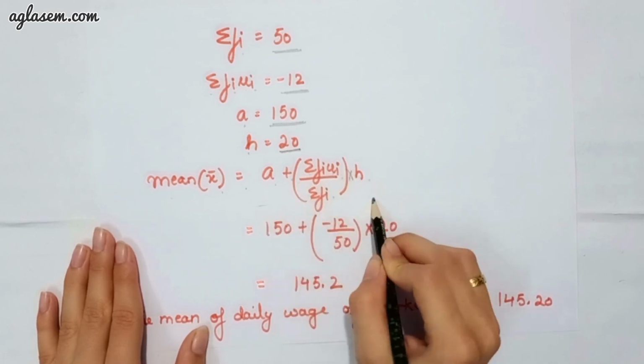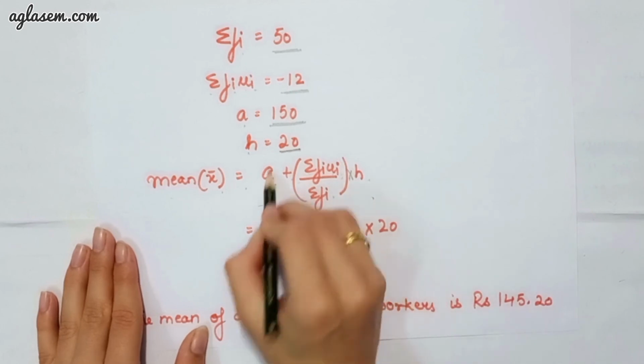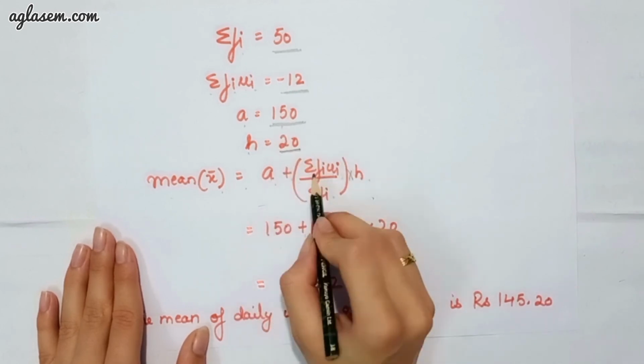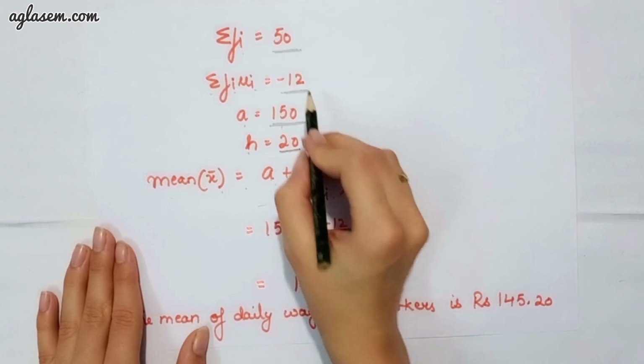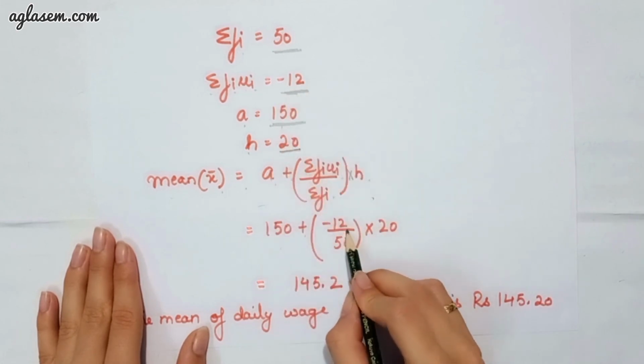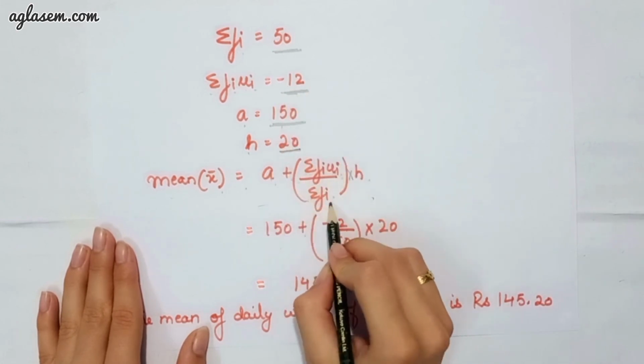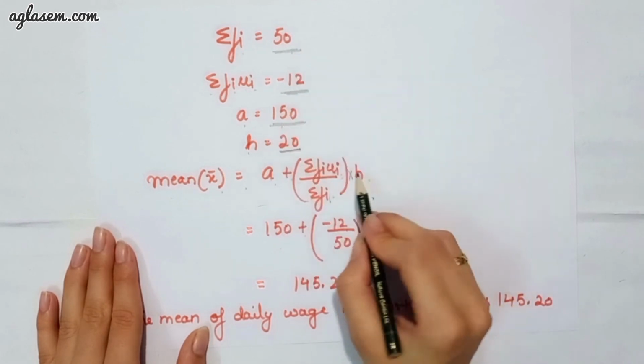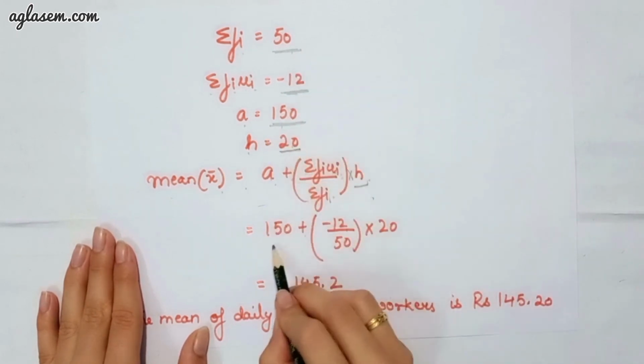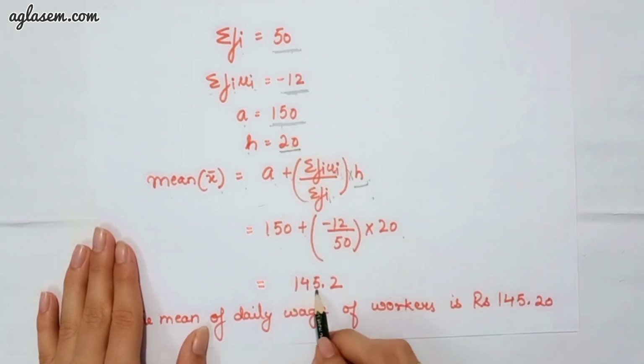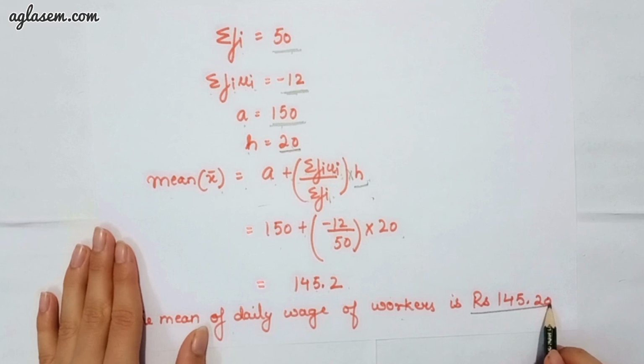So we have 150 plus minus 12 divided by 50, into 20. Solving this, we get 145.2. So the mean daily wage of a worker is rupees 145.20.